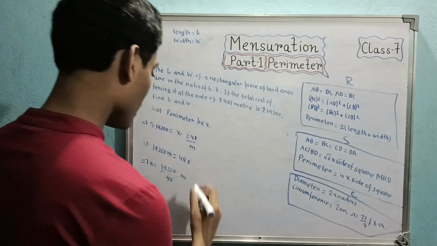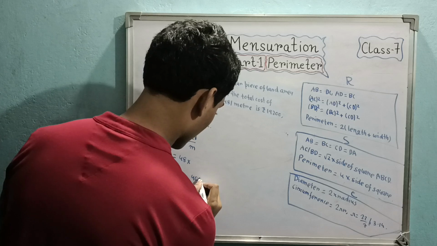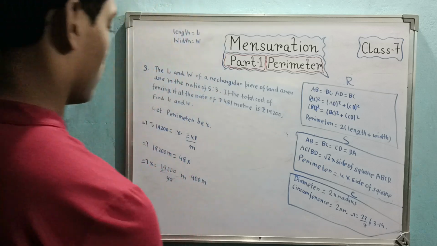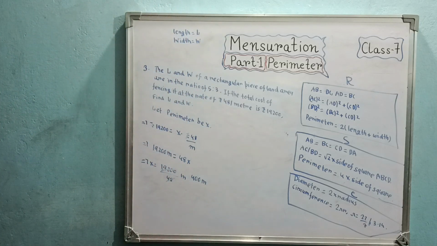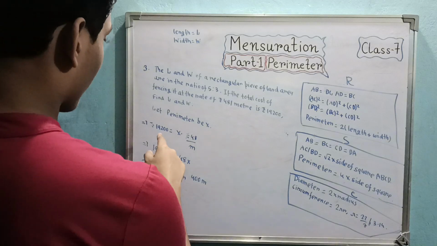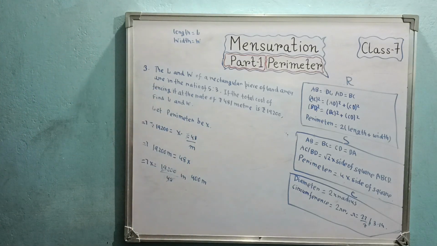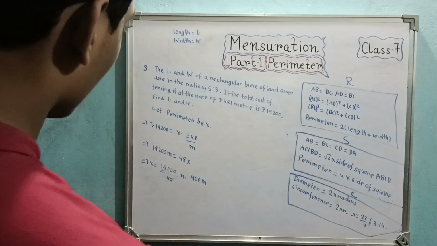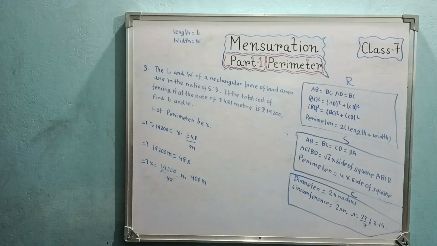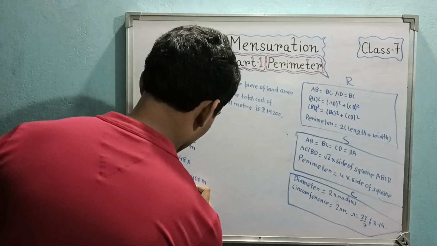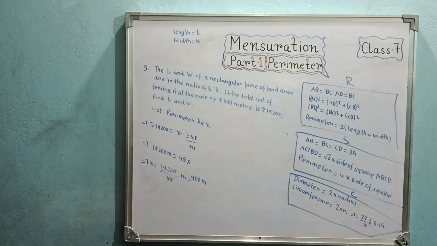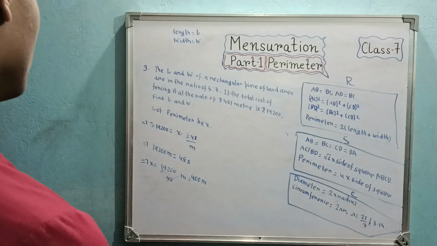This turns out to be 400 meter. Wow. So we did the first part. We took the perimeter as x. Cost of fencing is perimeter multiplied by rate. From that we got the value of x, or the perimeter, as 400 meter. Okay. Now another thing we have.